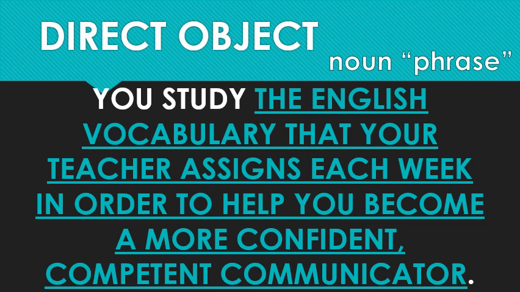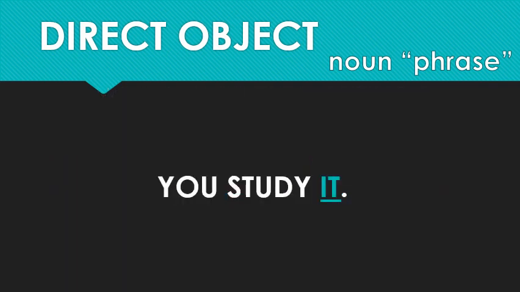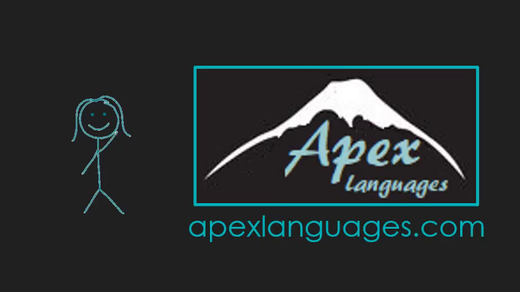I know it's a noun phrase because I can congeal it all down to you study it, right? That's what pronouns do. They take big noun phrases and simplify them. So again, that's a little review of what a noun phrase is. Keep in mind, direct objects can be small, but they can also be deceptively long. Short but sweet. How do you like that?